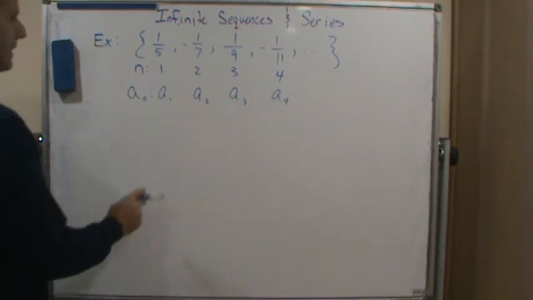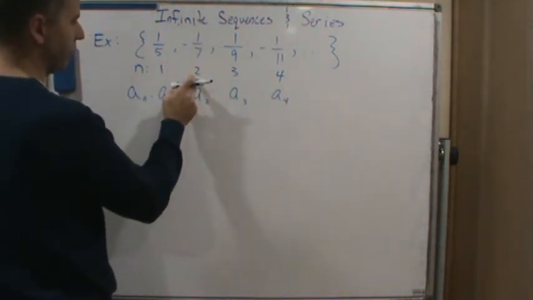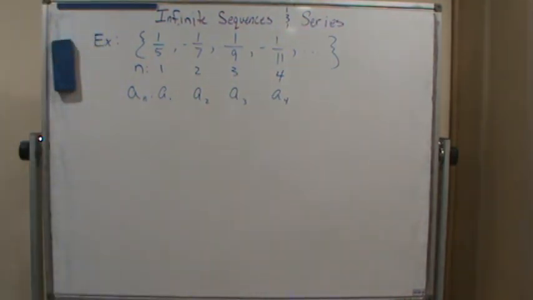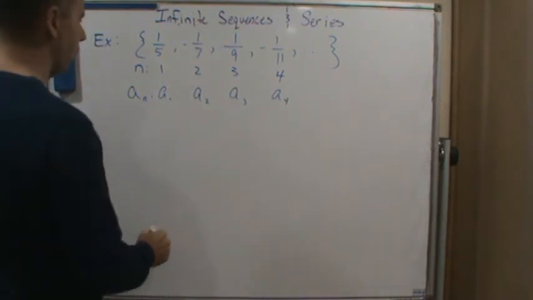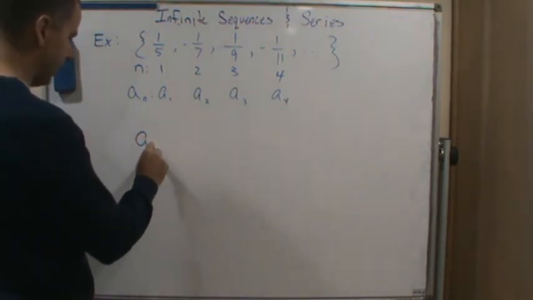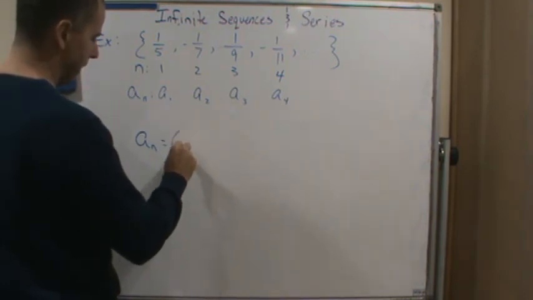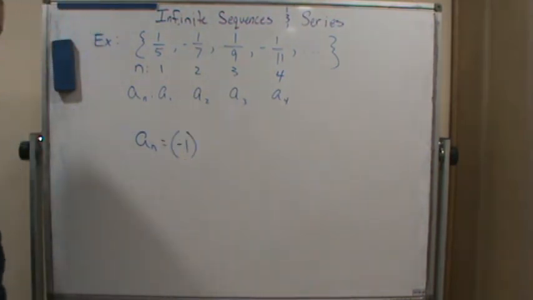Well, notice that the negative sign is on every even n. So immediately a sub n, how are we going to write that? Well, we're going to write that with negative 1. So we got to have a negative 1 in there because there's alternating signs.